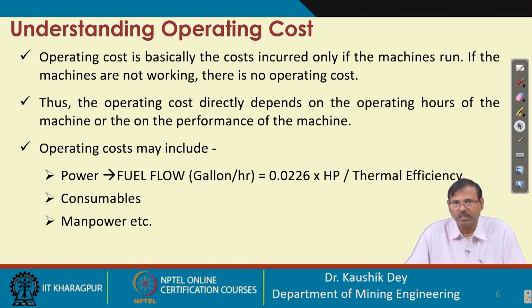A big table was given in the last class where the power consumptions are given based on HP and kilowatt. Another source gives a formula where the fuel consumption in gallons per hour is equal to 0.00226 into HP divided by the thermal efficiency of the engine.